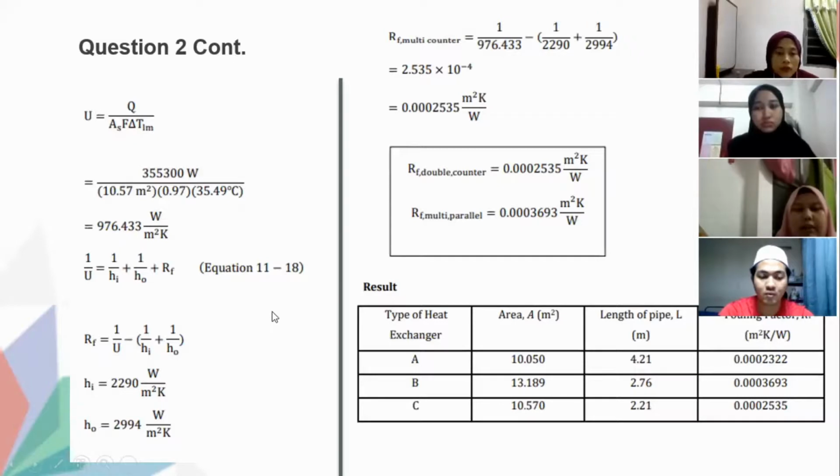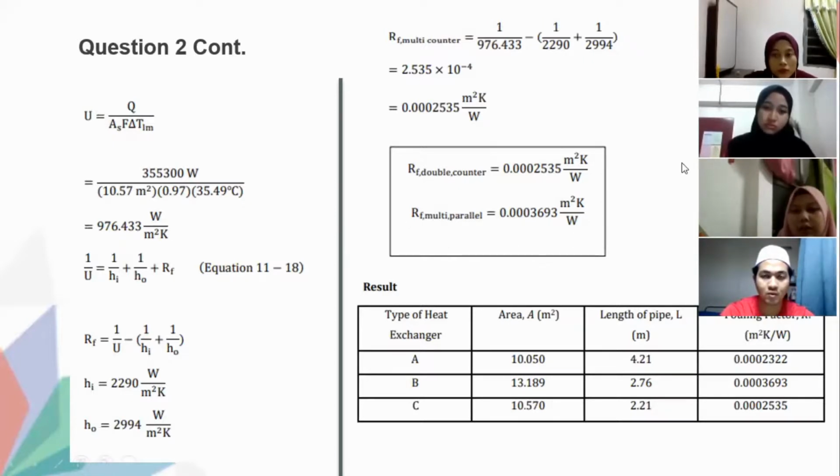And then we can use this equation 11.18 to find the fouling factor, 0.000255. So the fouling factor for the double pass counter flow, we can see, is smaller than the fouling factor for multi-pass and parallel flow.